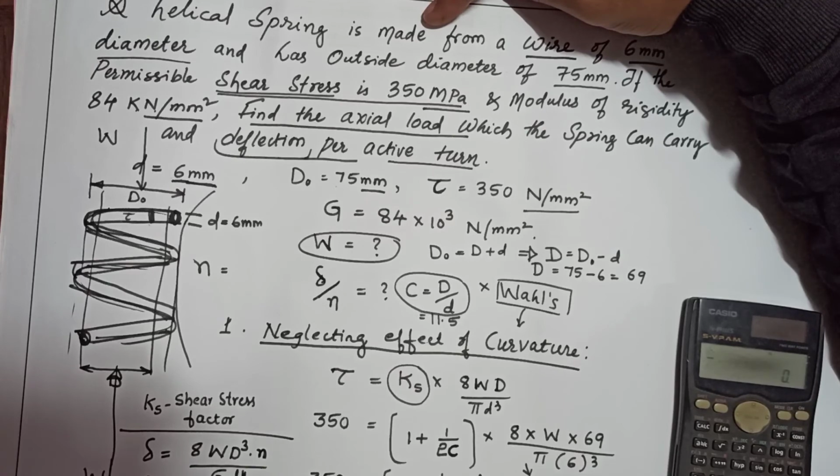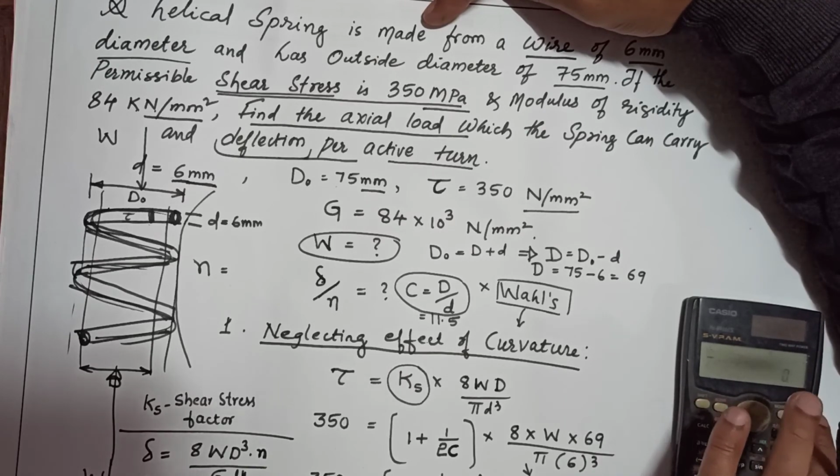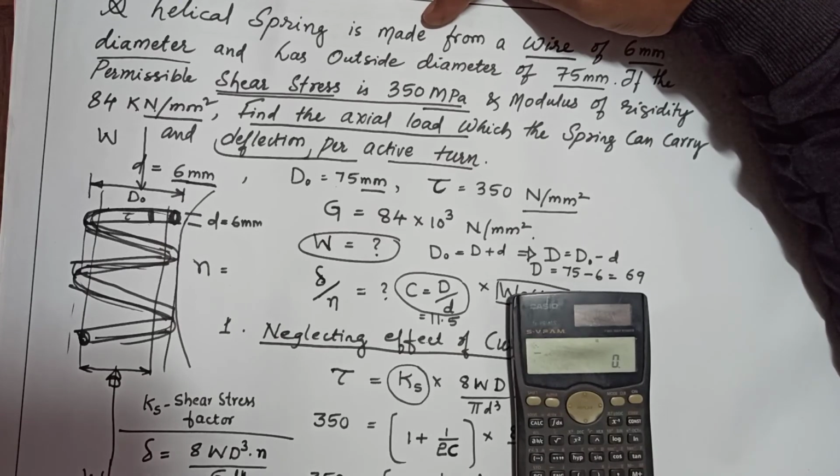I have taken pi, but it should be the G value. That's why I was getting a higher value. Okay, now we'll check again.